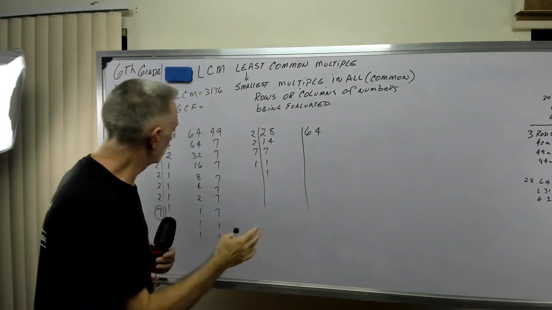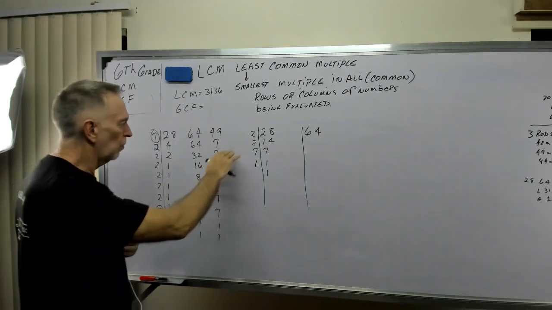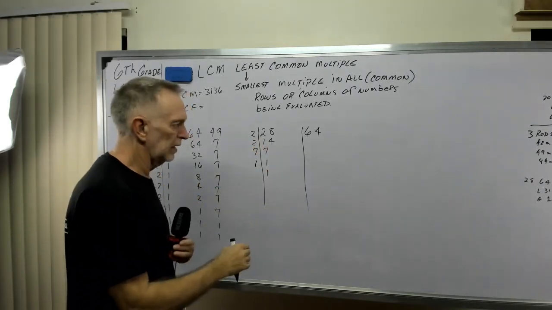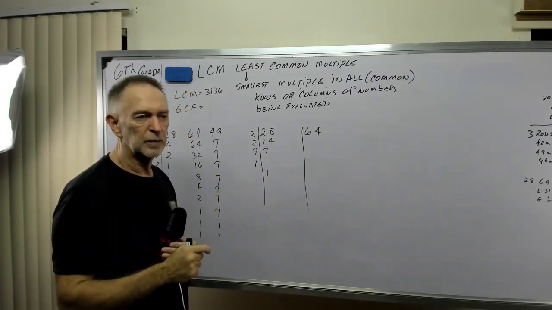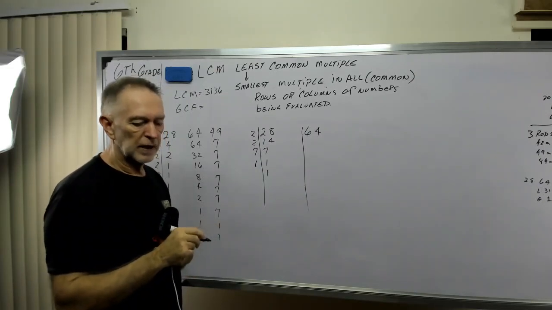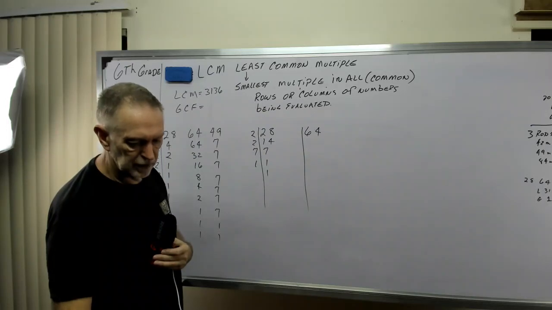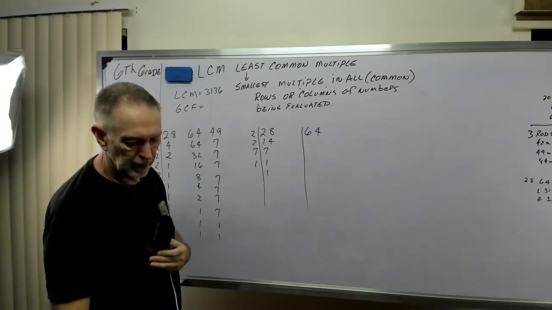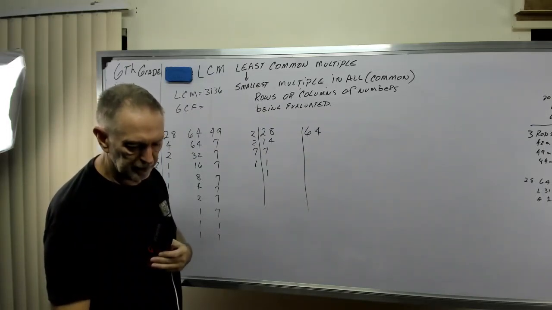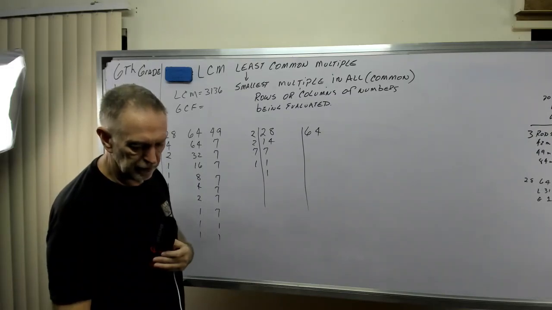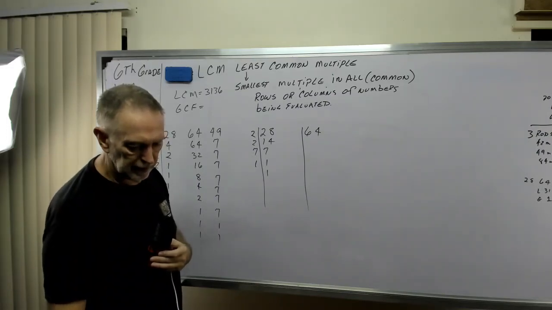Make it neater so that you can keep up with what row is what, because sometimes students make mistakes simply because they can't see what's going on in their paper. I've got something popped up on my computer screen here. Excuse me just a second while I clear that off.